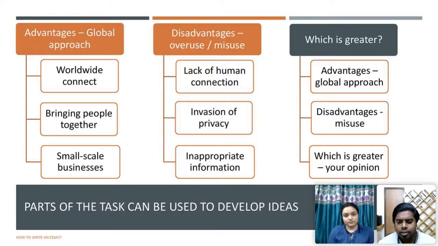Ma'am, I have a question. Yes. So in the third part, it is mentioned as which is greater, your opinion. So it is strictly my opinion and it need not be entirely correct. Good question. There is no right or wrong essay. So you are giving your opinion.